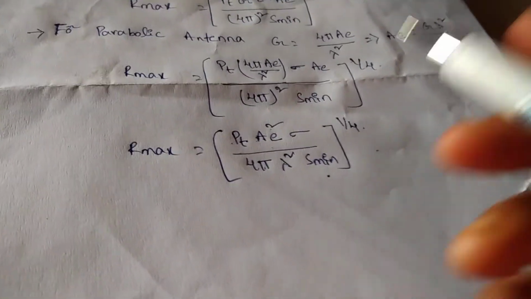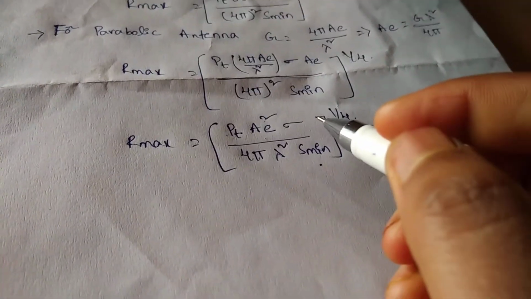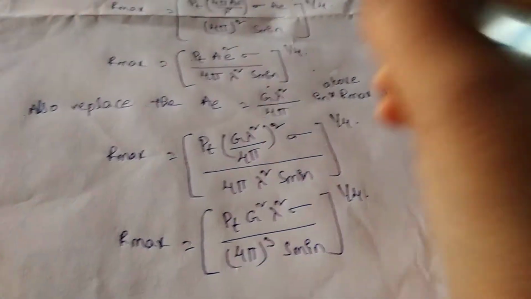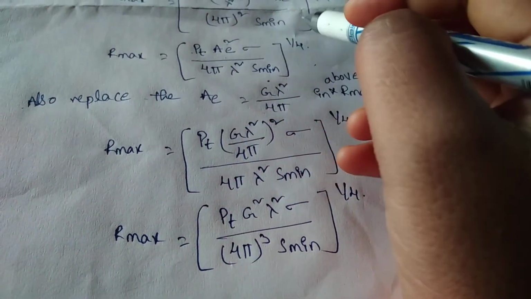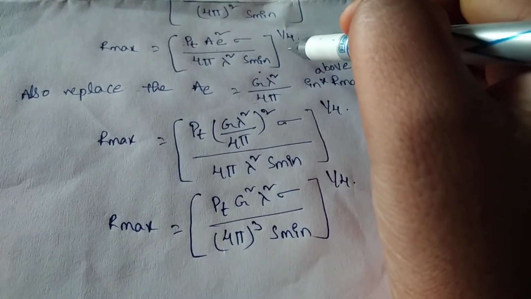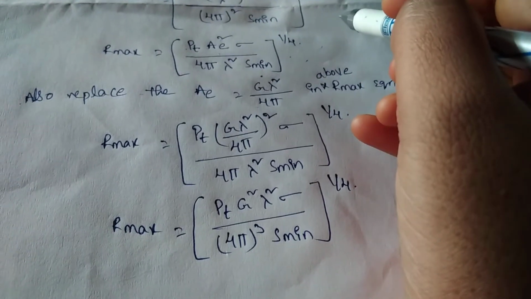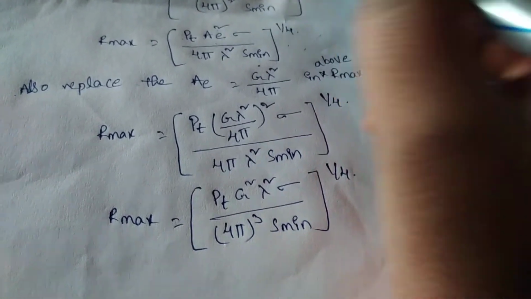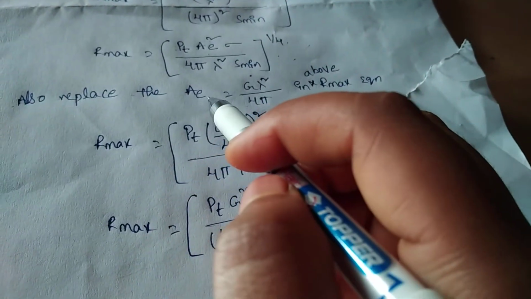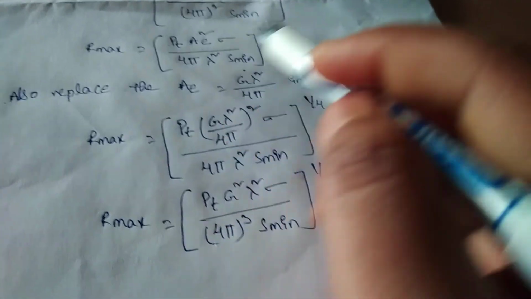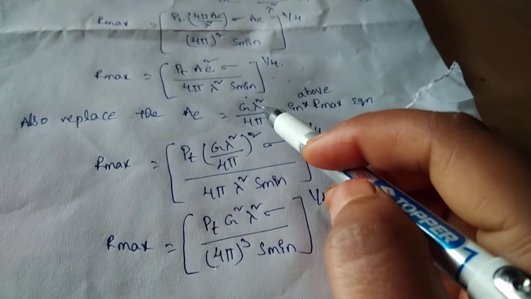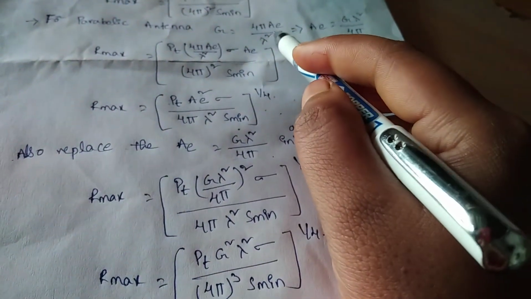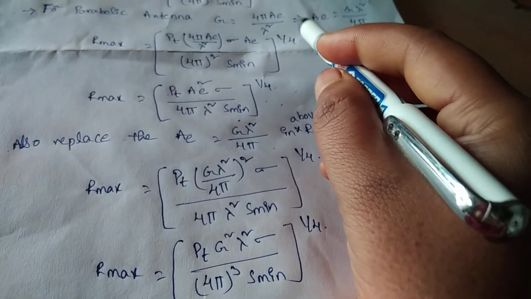Let us try. In this R maximum equation, Pt AE square sigma by 4 pi lambda square S minimum, whole power 1 by 4, we can replace the effective area AE equal to G lambda square by 4 pi. We know this from the gain of a parabolic antenna, 4 pi AE by lambda square.